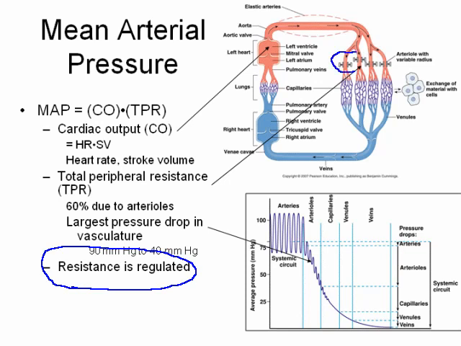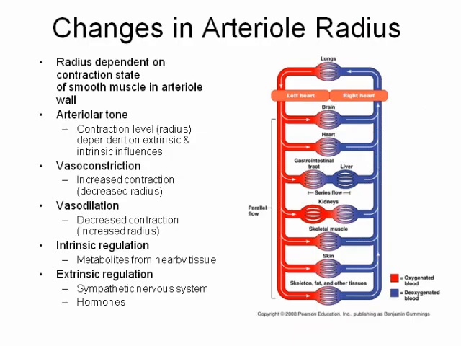Resistance is regulated. Basically, the smooth muscle here on these arterioles acts as regulators of resistance by altering the radius of these arterioles. So how do we change the arterial radius? Well, it's due to the contractile state of smooth muscle in the wall of the arteriole.